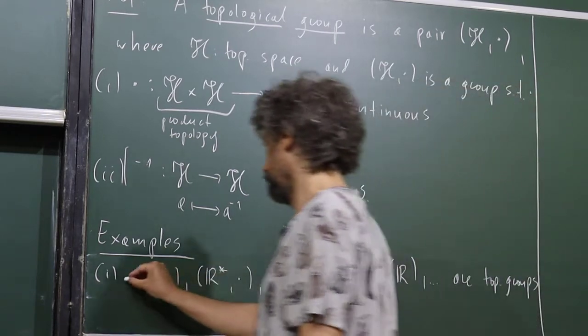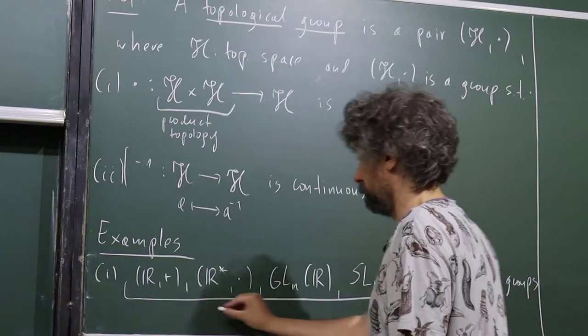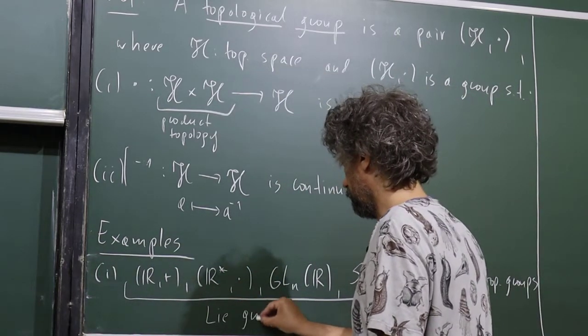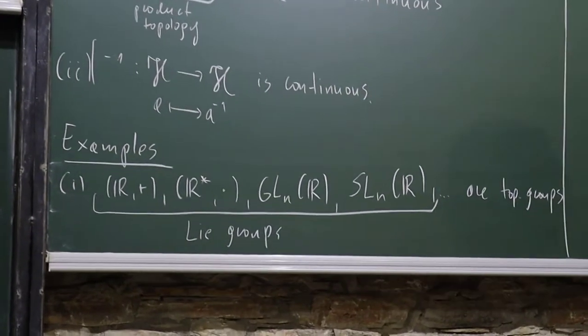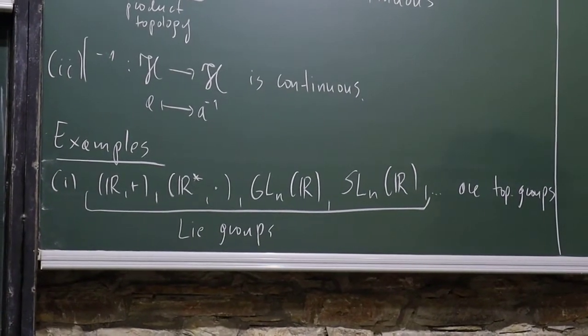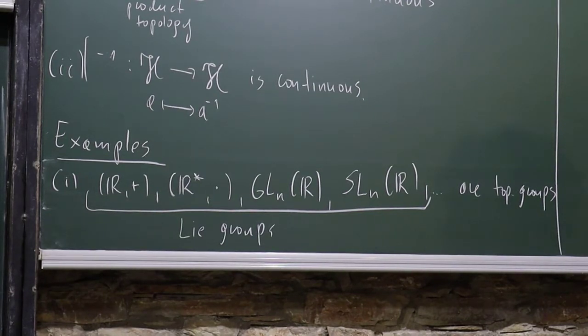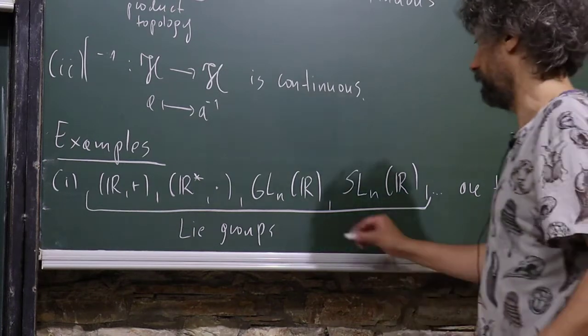Actually, they are all Lie groups. I will not explain it, but they have even more structure. They are differentiable manifolds, and the maps are smooth. R^n plus? Is it a Lie group? Yeah, R^n plus as well.